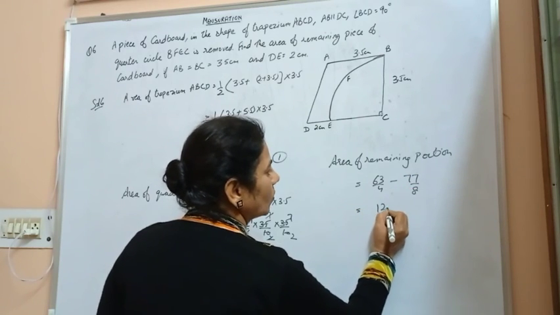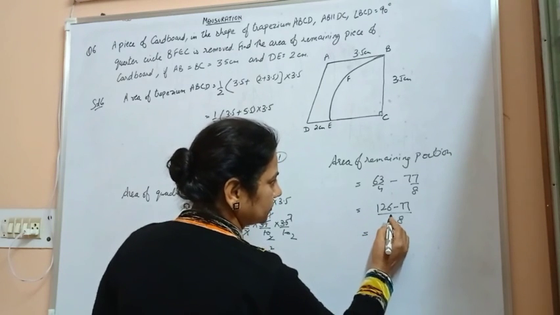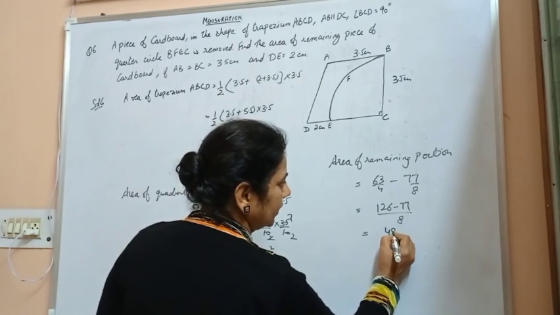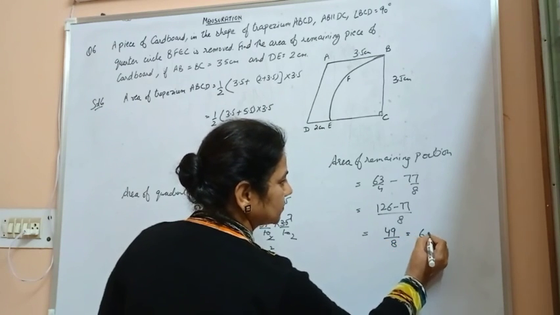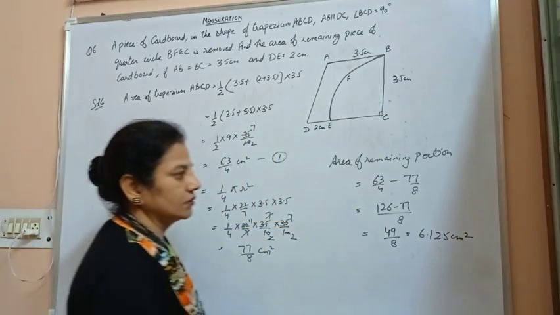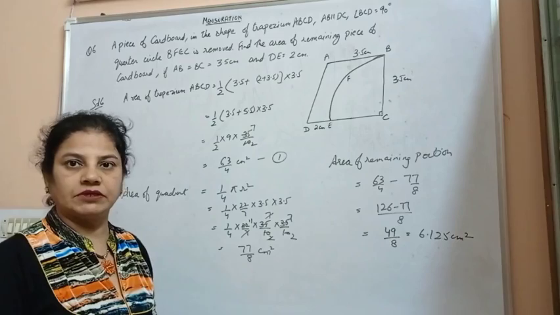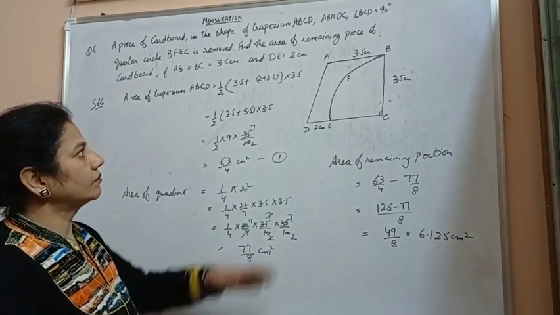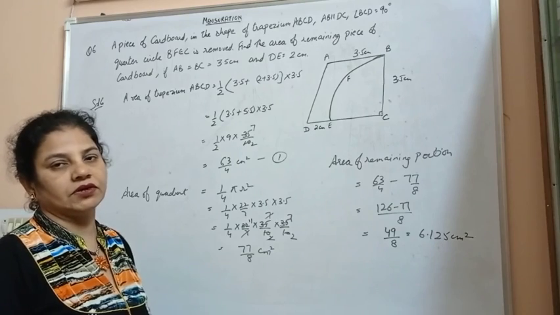Take the LCM. 126 minus 77 by 8, which is equal to 49 by 8. This means 6.125 centimeter square. So area of remaining portion is 6.125 centimeter square. First we calculate the area of trapezium, subtract the area of quadrant, we get the area of remaining portion.